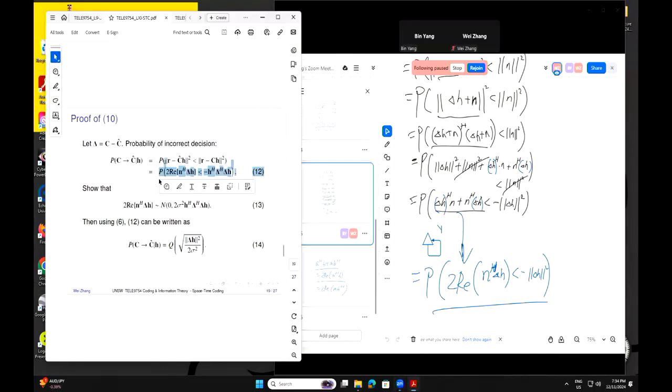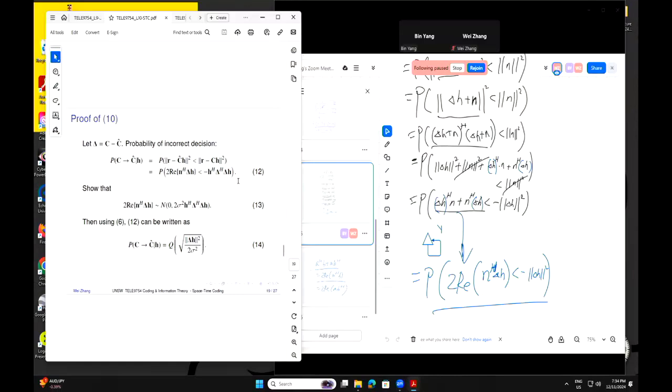You can compare that one and this one. What's the difference? No difference. The left hand side is two real n Hermitian delta H, and the right hand side is smaller than negative delta H square, which is also delta H Hermitian times delta H. So that's given by this one value. It's the same thing, okay? Can you follow that? That's equation 12.